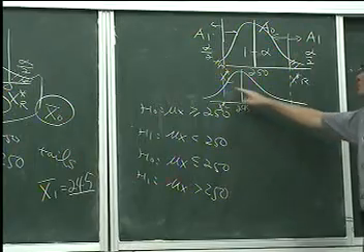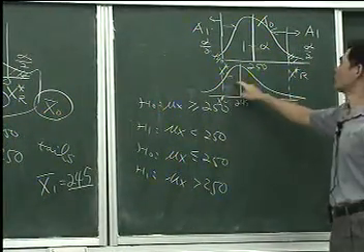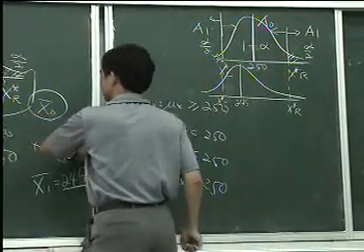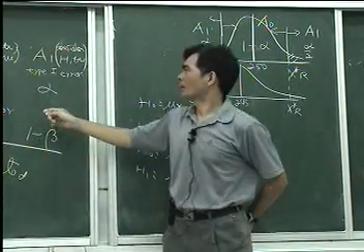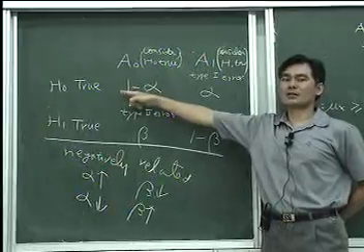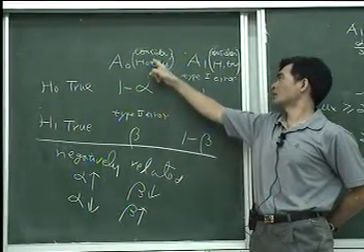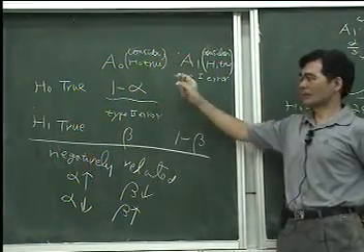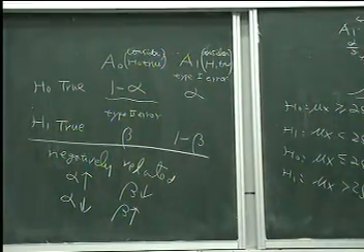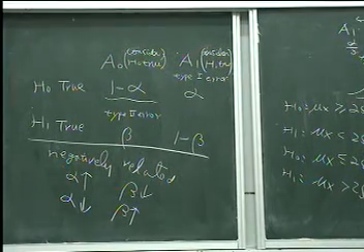Then what should be this part here? When H naught is true and you also believe H naught is true, then it is 1 minus alpha, right? But now we are dealing with the second hypothesis. We suppose this is true.